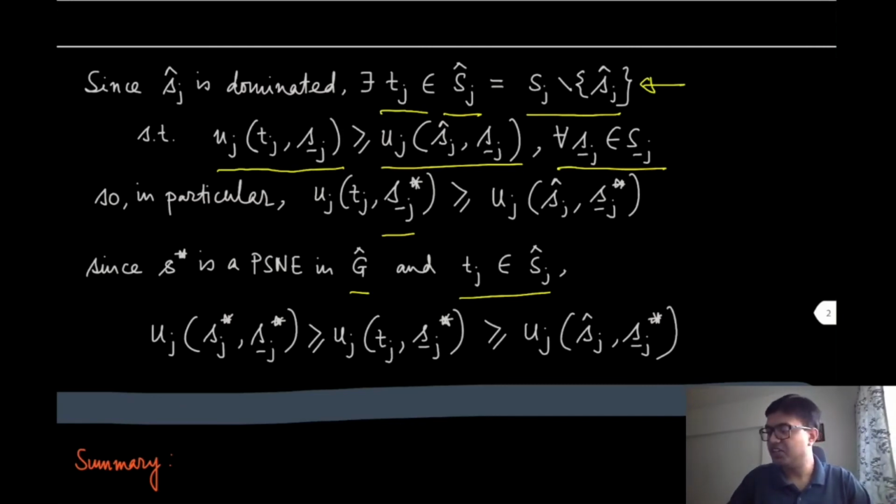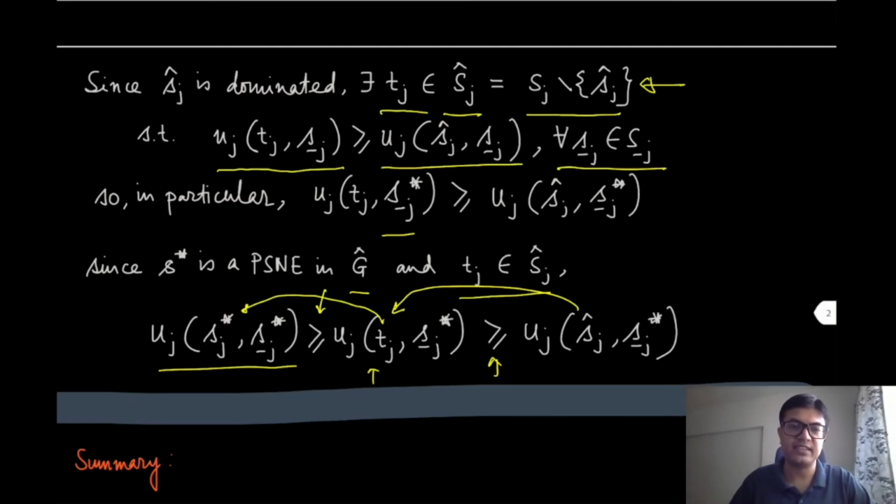This SJ star, because it's a pure strategy Nash equilibrium, this inequality holds because of the definition of Nash equilibrium, because TJ is one specific strategy there. And we have just shown that this inequality is also holding for SJ hat. Because SJ hat is a weakly dominated strategy, being dominated by TJ, but clearly because of the definition of pure strategy Nash equilibrium, this is also going to be smaller than the SJ star.